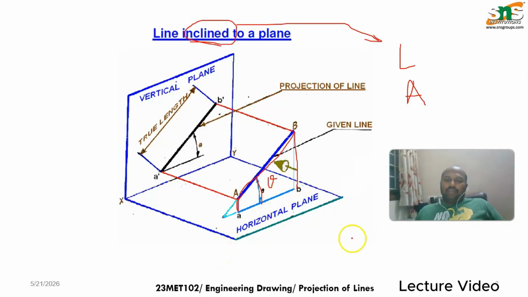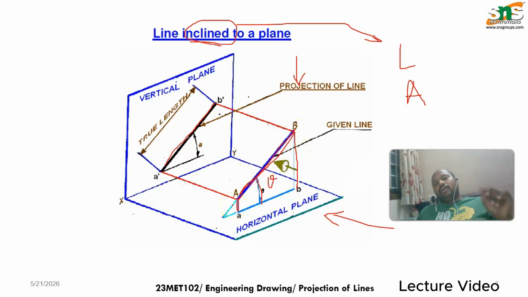When we view from the front view, you can see the original true length. That projection can be seen on the projected plane. But if you see from the top view, this original length cannot be seen; you can see the line with some shortened length, but not the original length. This may be the view from the top.